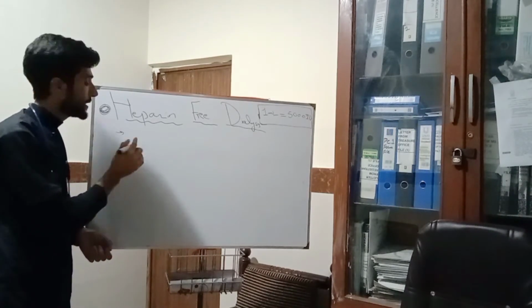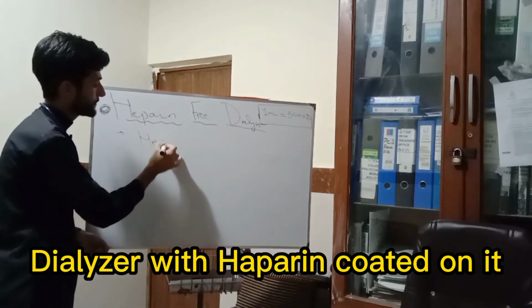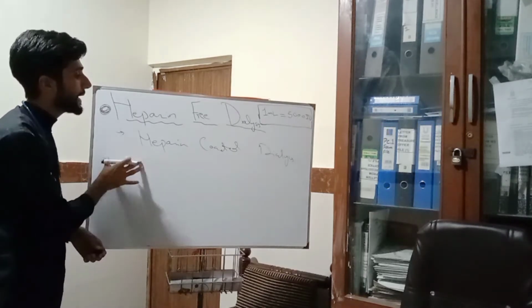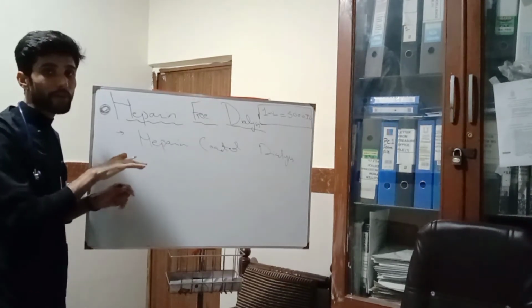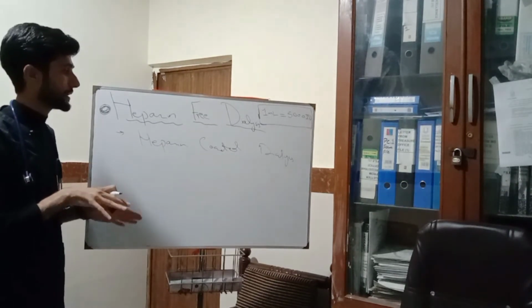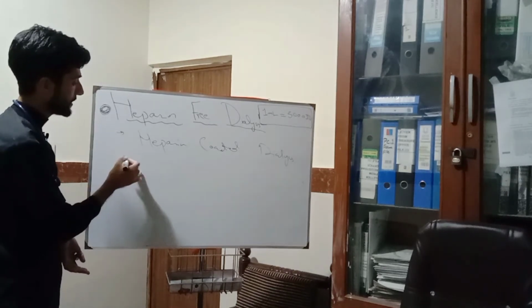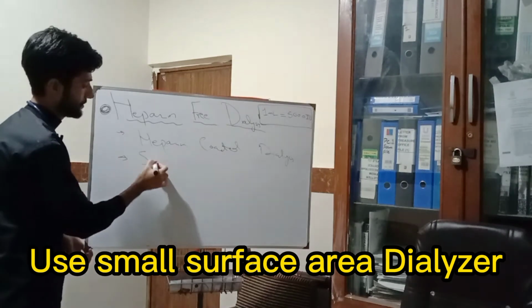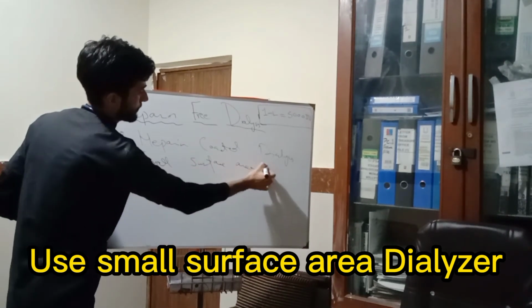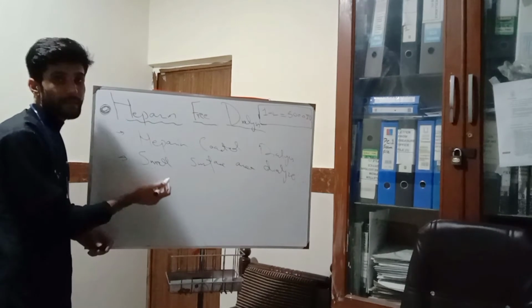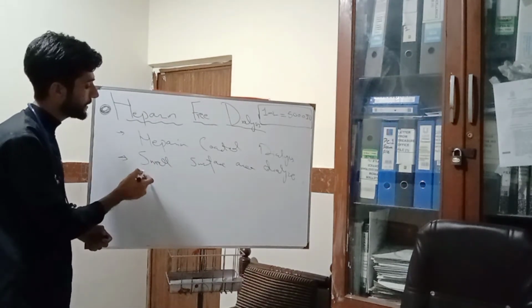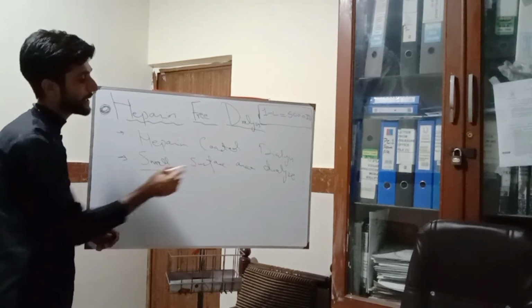Then you can use a heparin coated dialyzer. Heparin can be coated to the dialyzer surface, and this will anticoagulate the blood in the extracorporeal circuit only. And then you have to keep the surface area of the dialyzer small. In this case, the velocity of the blood will be high if we take a small surface area dialyzer.